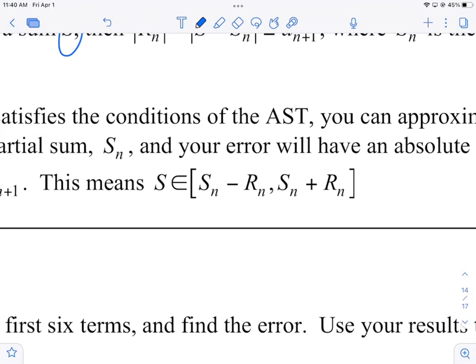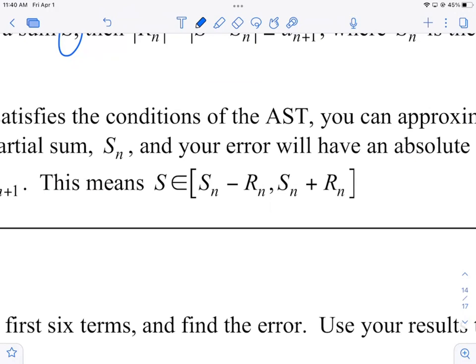And of course, just like a margin of error, the more terms you add, the smaller your interval is going to be. You're going to trap it in an increasingly smaller interval. But it's always a trade-off between how many terms we want to add and how accurate we want to be, because it gets a little bit more tedious to keep adding more and more terms.